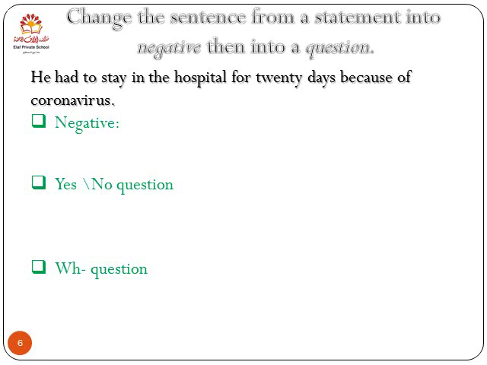The sentence is, he had to stay in the hospital for 20 days because of coronavirus. You have to make this statement into negative, into yes, no question, then a WH question. All right? Give yourself some time, write your answer on a piece of paper.